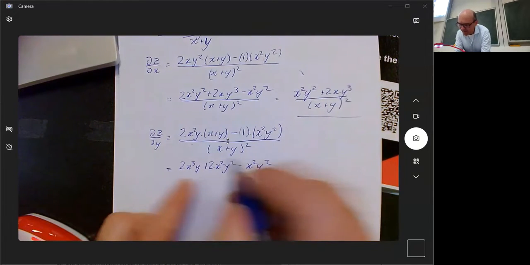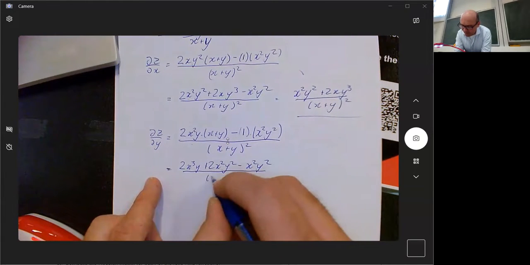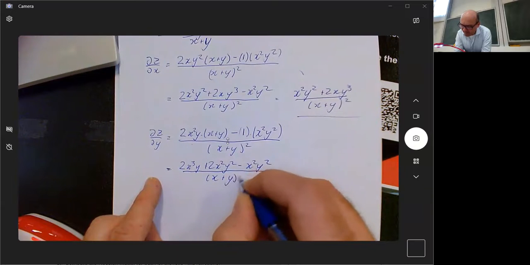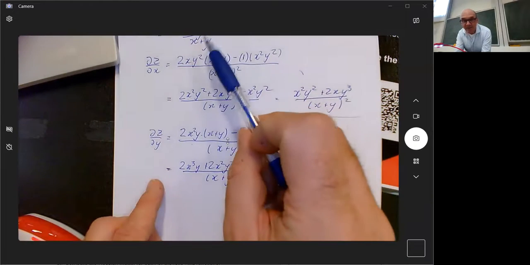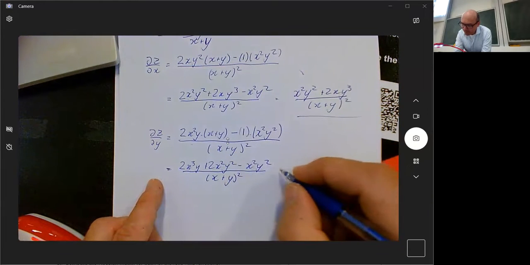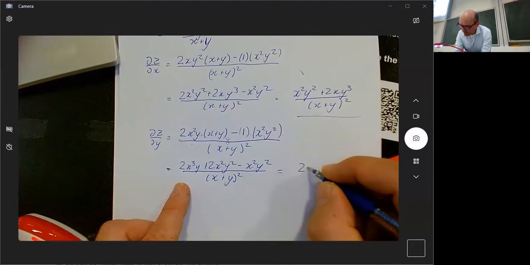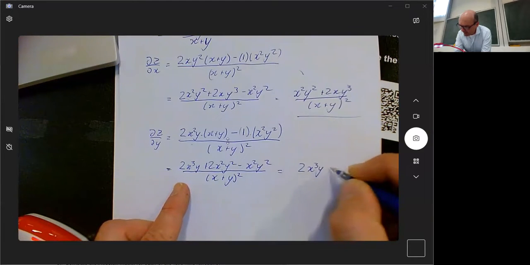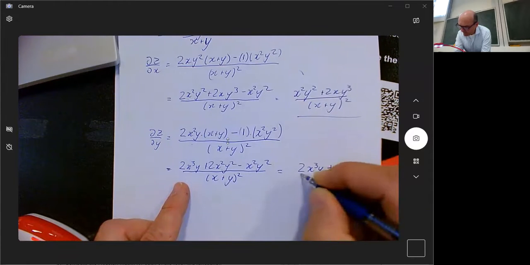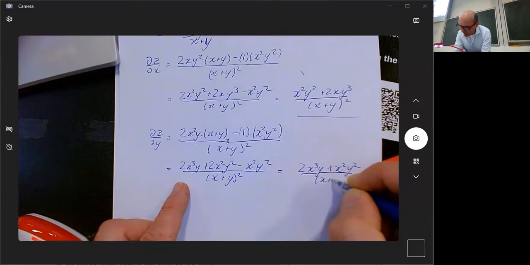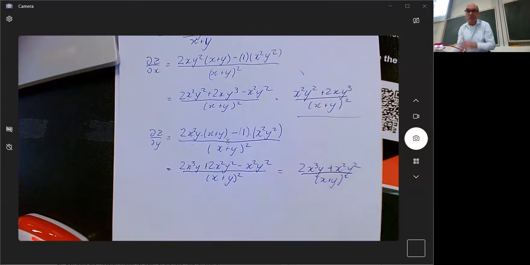Same sort of thing happening, and since this function is actually symmetric in x and y, we figured it would look that way as well. So 2x cubed y plus x squared y squared over x plus y whole squared. Sweet.